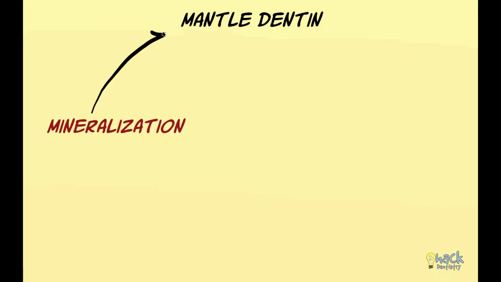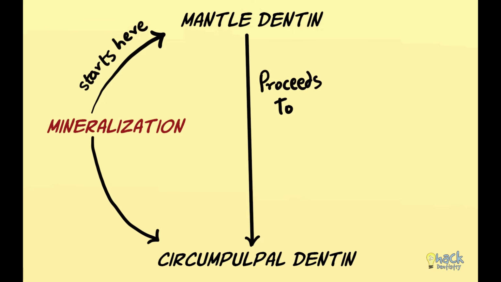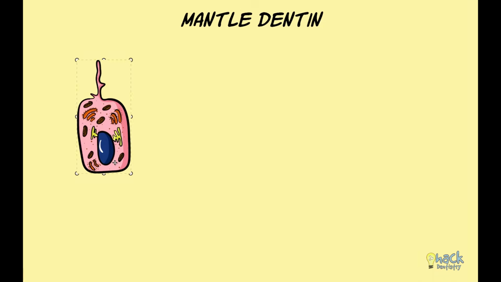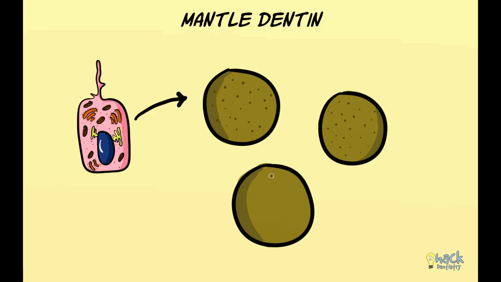Mineralization starts from the mantle dentin matrix and proceeds towards the circumpulpal dentin. When the odontoblast secretes the mantle dentin matrix, it buds off many membrane-bound vesicles called matrix vesicles that come to lie in the matrix below the inner enamel epithelium.